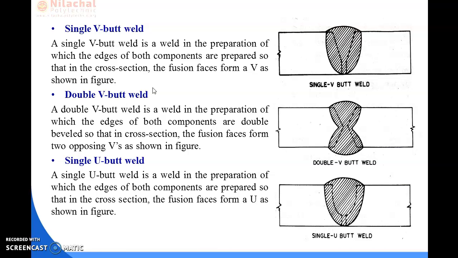So single V butt weld means the shape of the weld looks like the letter V. You can see that these are the two plates and the faces of the plates look like a V shape, and in between them welding is there. This kind of welded connection is known as a single V butt weld.